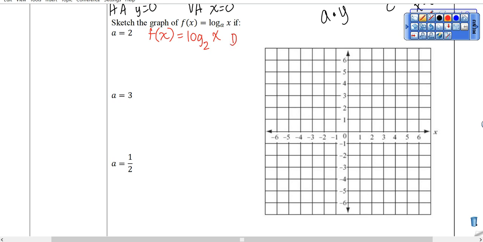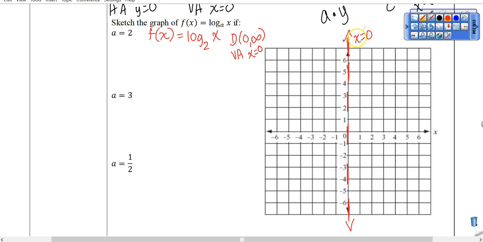First, domain. 0 to infinity. So that means I have a vertical asymptote of x equals 0. I can approach x equals 0, but I have to break up my domain. I can only graph on the right side of the graph because x has to be greater than 0, so it's all over here on this side in the domain.